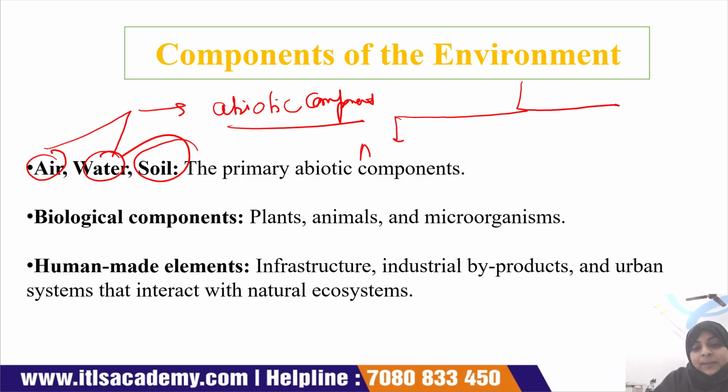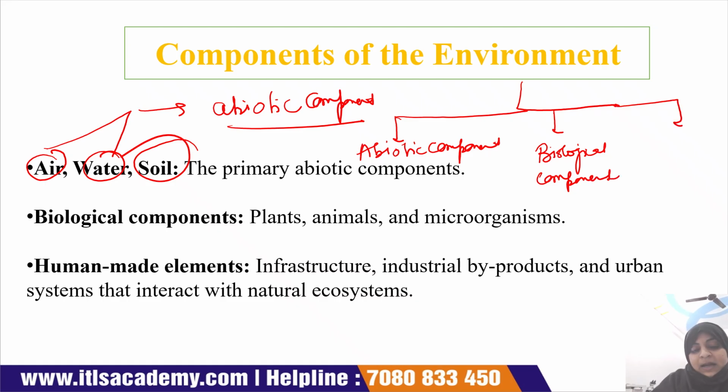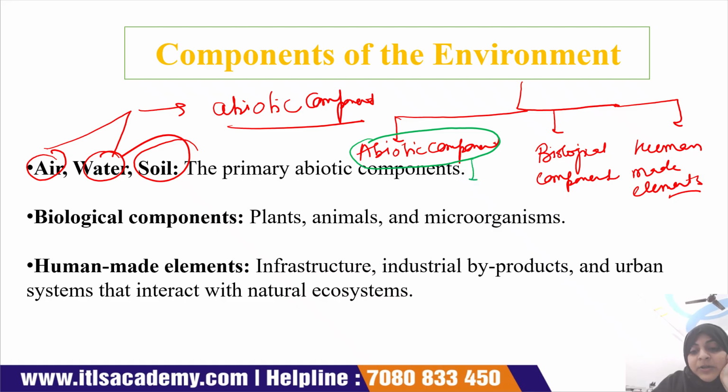The first is abiotic components, then biological components, and the last one is human made elements. If we talk about the first category, abiotic components, they consist of air, water and soil.